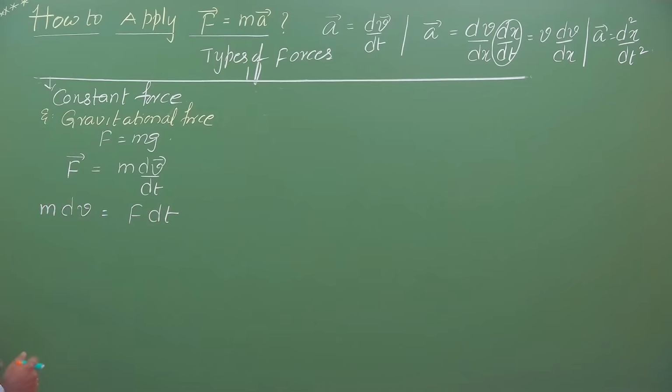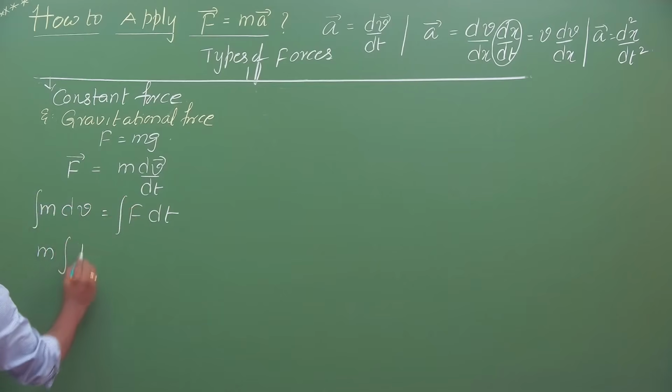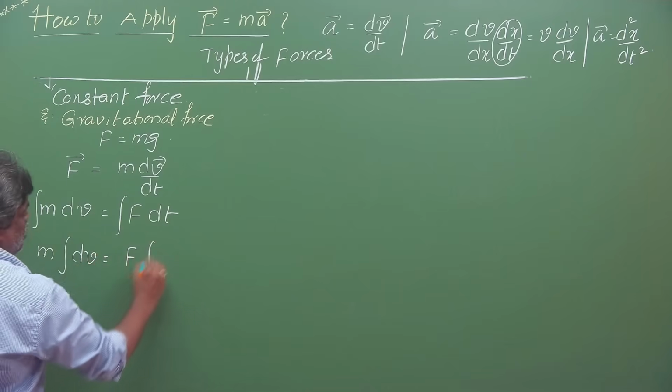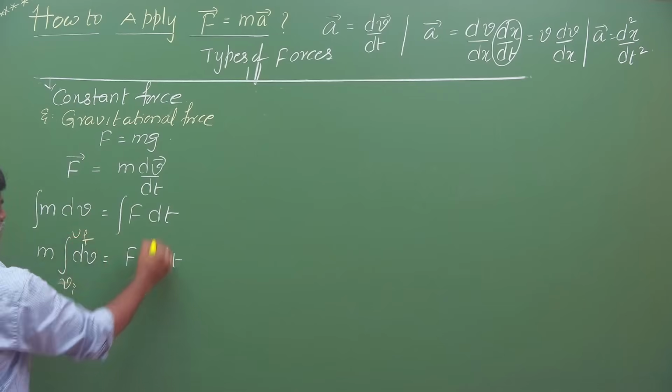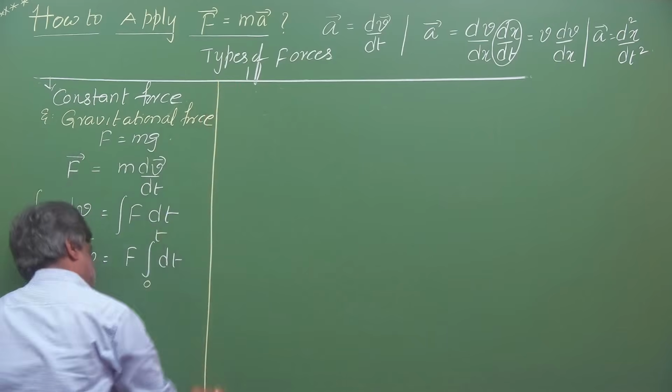Then integrate. m is outside, integral dV, F is outside. Why is F outside? Constant. Now generally V changes from V initial to V final and t changes from 0 to t. Clear? That's good. This is the process.